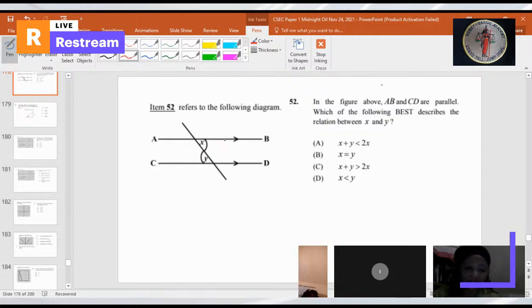The Z in this case being that, that, and that. That's a Z. And so this angle is equal to this one. So if x and y are equal, since they're alternate, which of these would be true? Miss, B. All right, that's B.